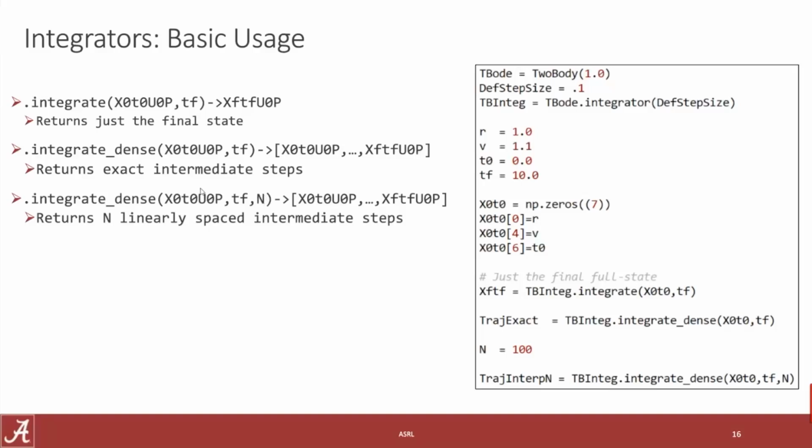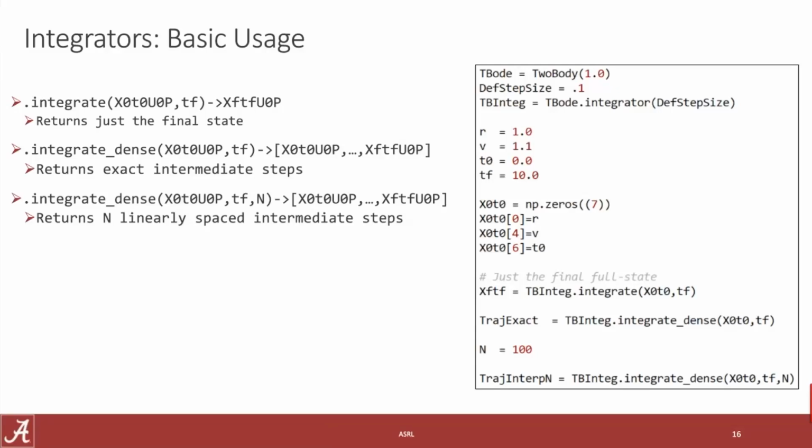It's important to remember when you integrate_dense, this n is only impacting the size of a linearly interpolated state that gets returned to you as a user. It does not impact the dynamics. The dynamics under the hood is doing a variable step size solve, using your defaulted step size and min and max and tolerancing.